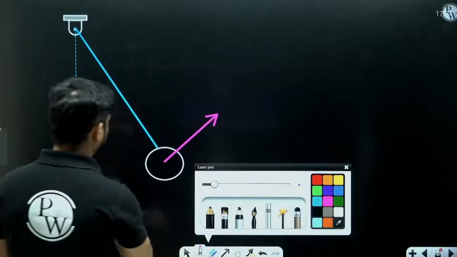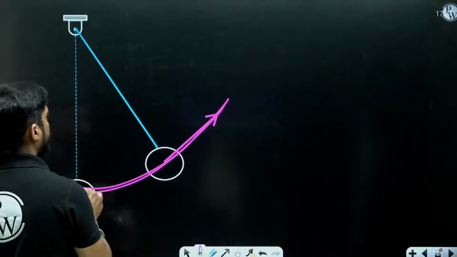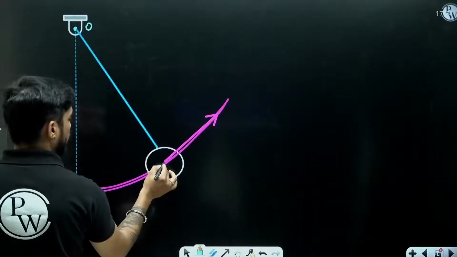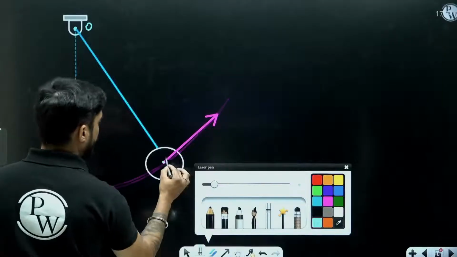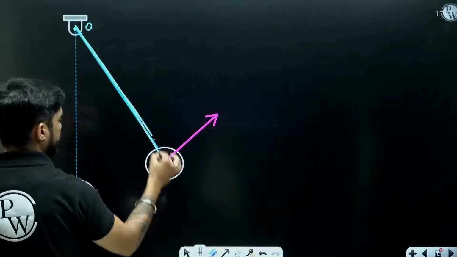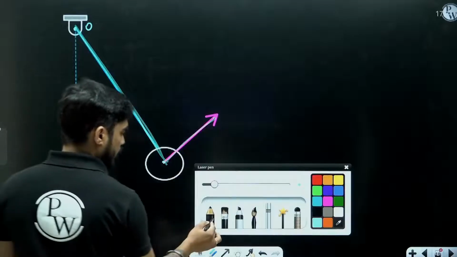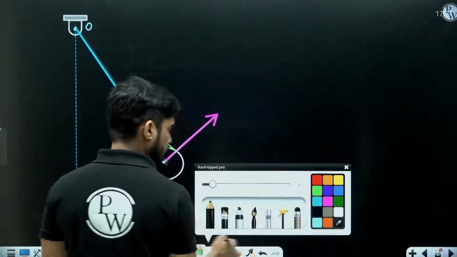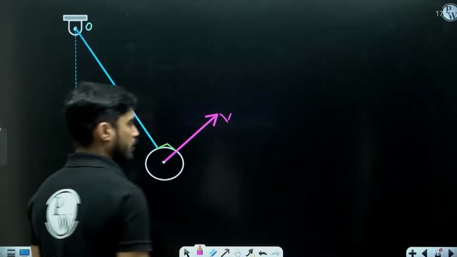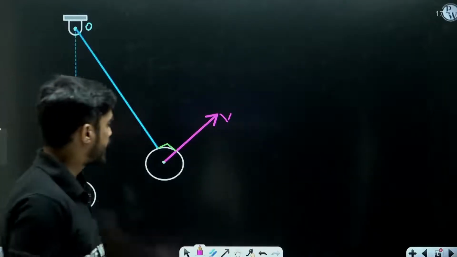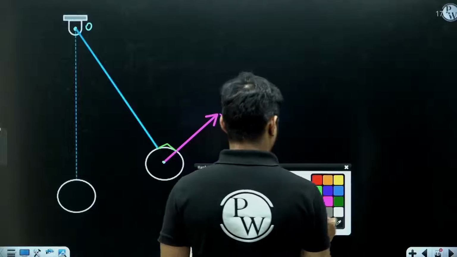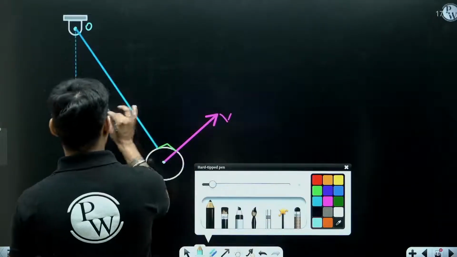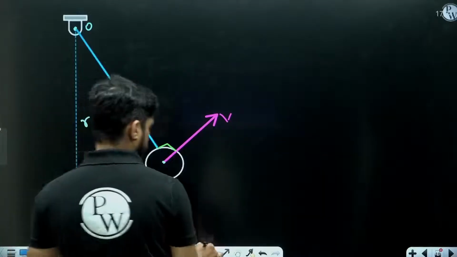Obviously, if it is under pure rotational motion and this is the center of rotation, then the velocity of this particle will be perpendicular to the line joining these two, right? It will be perpendicular to this, right? Now in this case, let's say this distance is r. So what will be v?